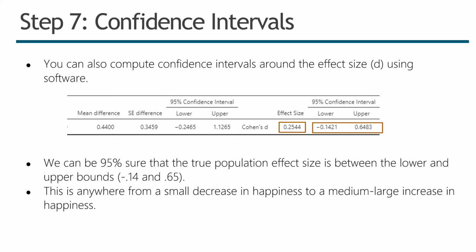So we can be 95% sure that the true effect size in the population is somewhere between negative 0.14 and 0.65. Or this is anywhere from kind of a small decrease in happiness from walking outside compared to walking indoors, to a medium-large increase in happiness when walking outside as compared to walking indoors.